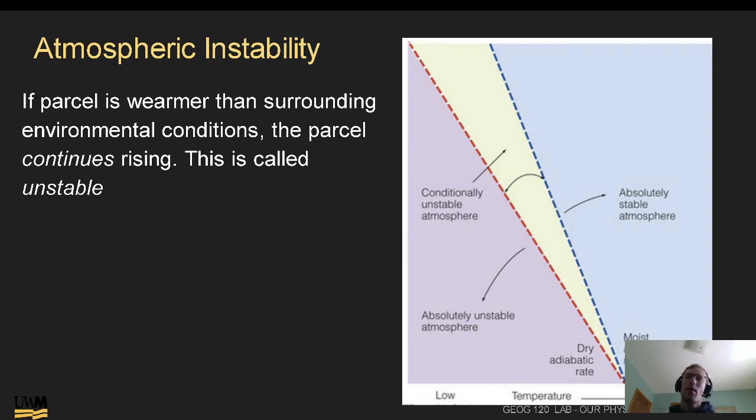So you'll see a graph similar to this on the right here. Basically, the slope of the blue line is the MAR. The slope of the red line is the DAR. So, the slope of the temperatures on the x-axis: the moist adiabatic rate is, say, 6 degrees for every 1,000 meters, versus the dry adiabatic rate, 10 degrees for every 1,000 meters.